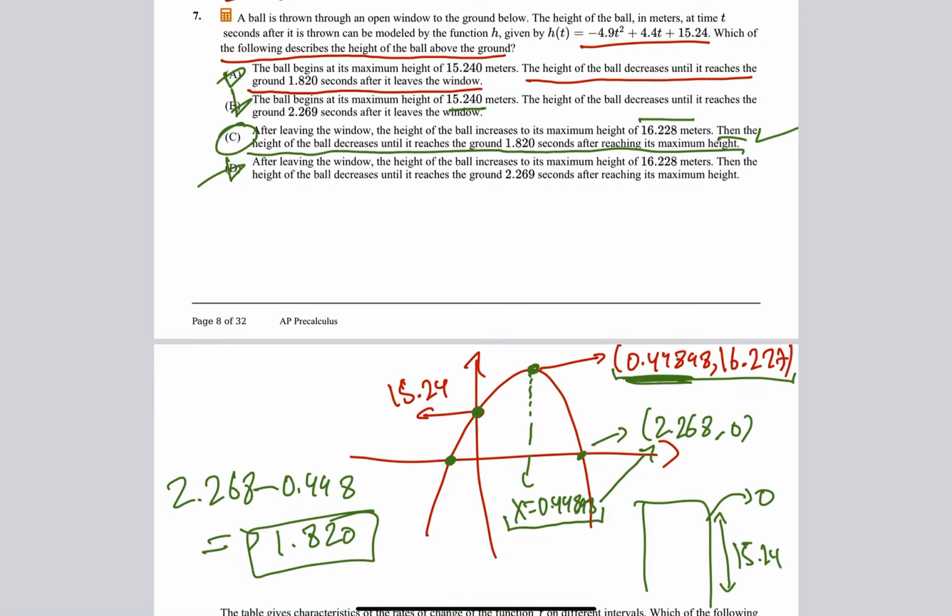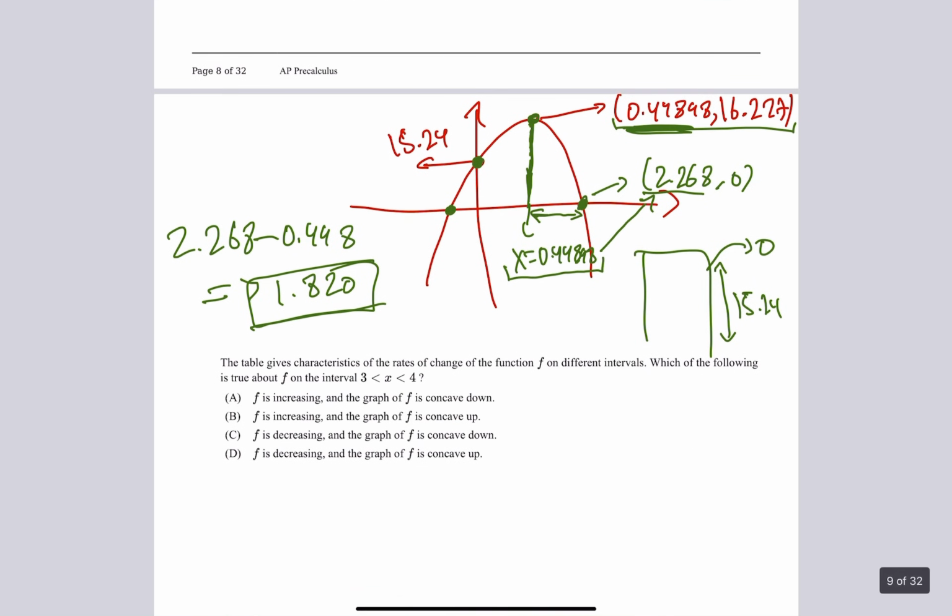It mentions that the ball reaches the ground 2.268 seconds after reaching its maximum height, which is not the case. It's 2.268 seconds after being thrown that it reaches the ground. Yes, that's correct. But if you want to find the time between reaching the maximum height and the ground, you subtract these two, and then the answer is 1.820. I hope that makes sense.